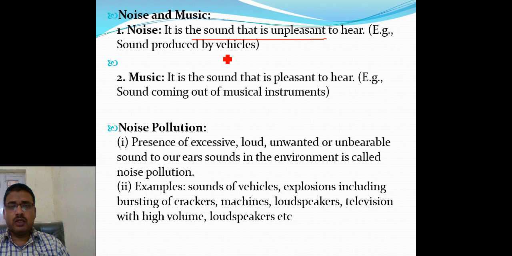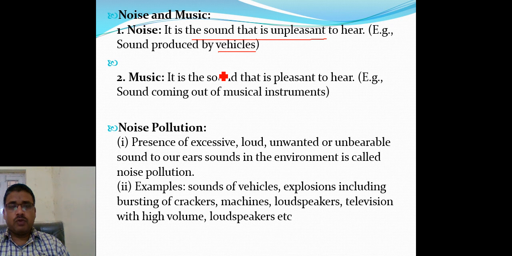We can understand this with the sound produced by vehicles. The sound produced by these vehicles is unpleasant. That's why this kind of sound is considered as noise.